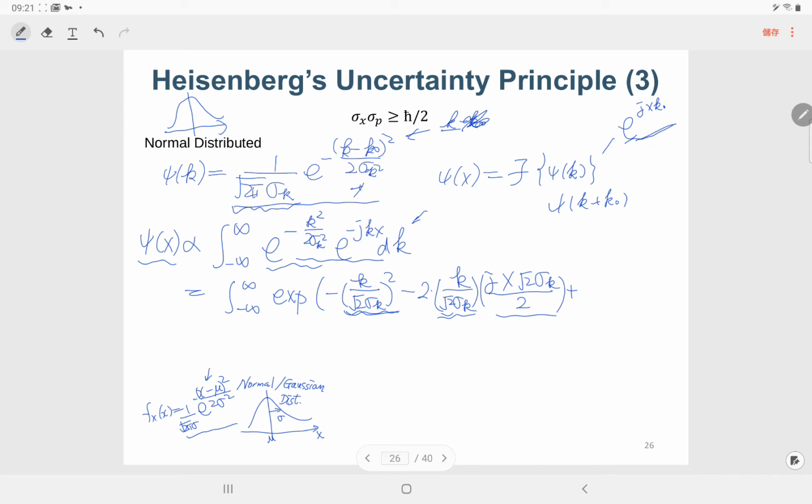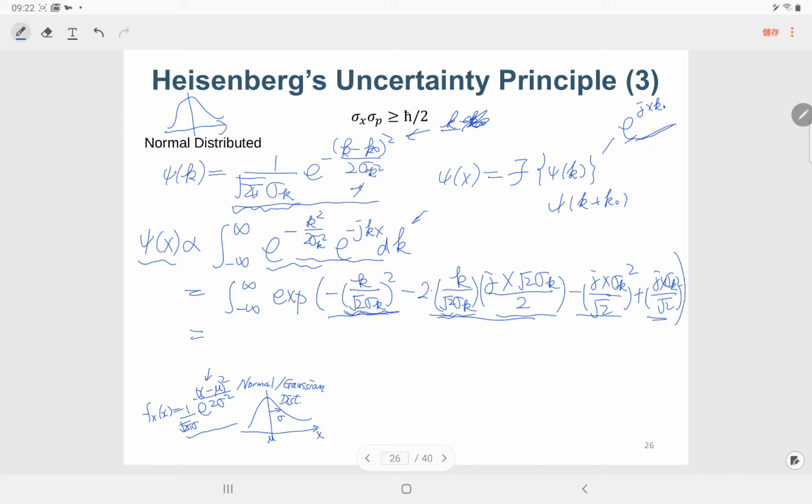So we can just plus, not plus, minus, should be minus j x over square root of 2 sigma k squared plus jx sigma k over square root of 2 squared. So this is minus b squared minus 2ab minus a squared, and then we add this term because we don't already have it.